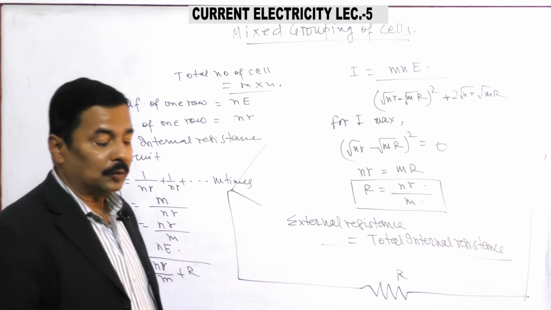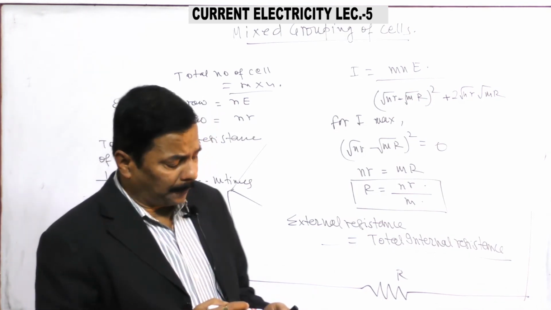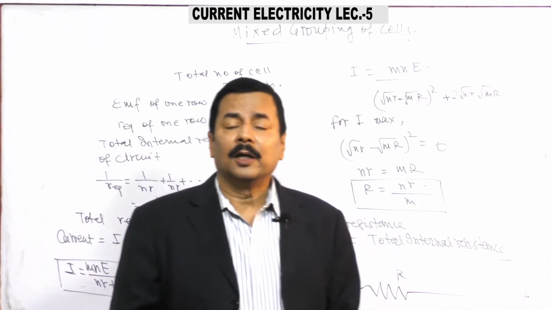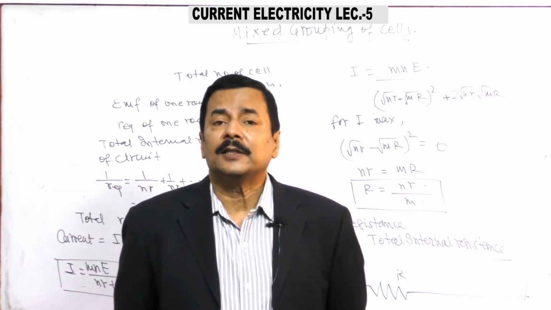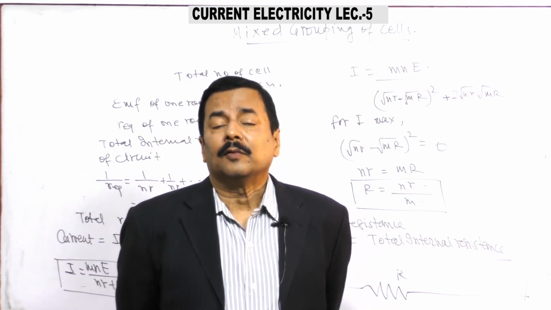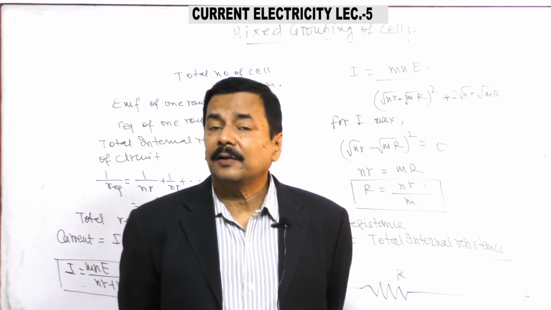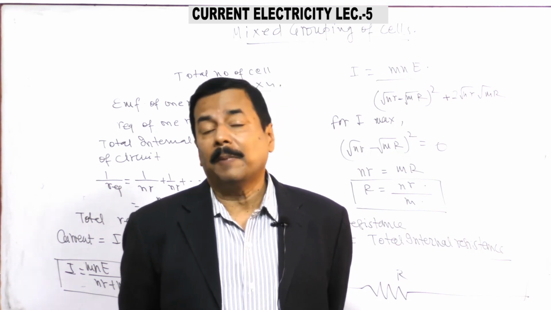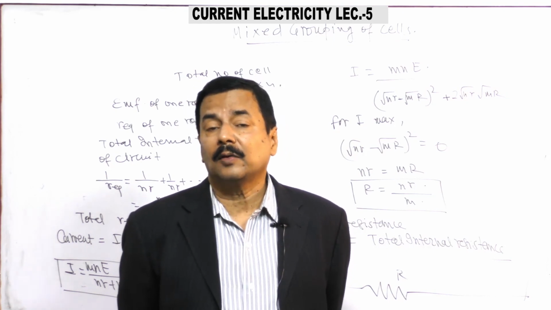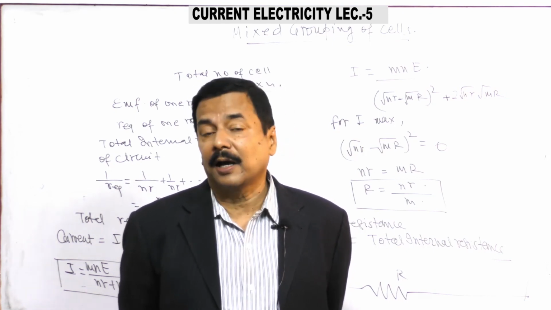So I hope that you have understood the combination of cells. For series connection, what is the condition for maximum current? In parallel combination, what is the condition for maximum current?